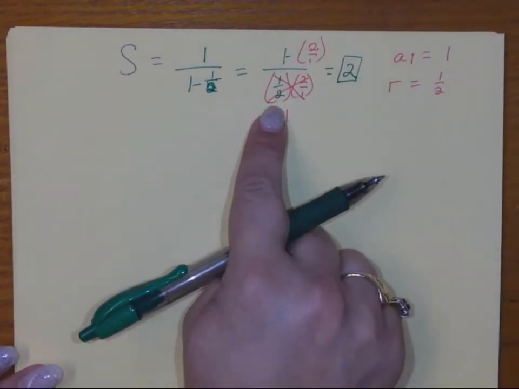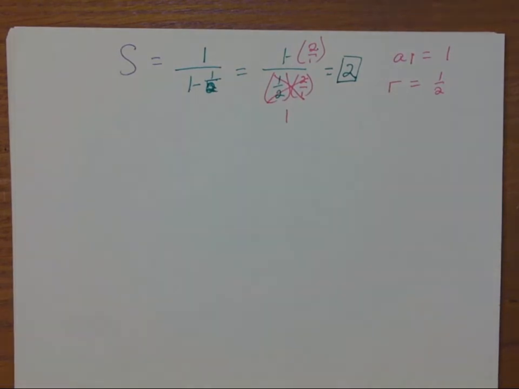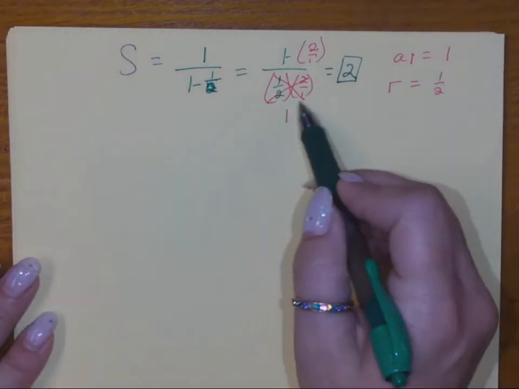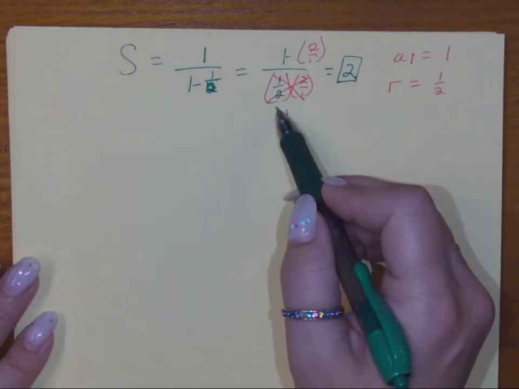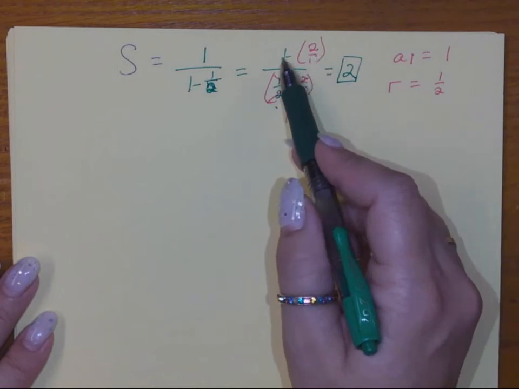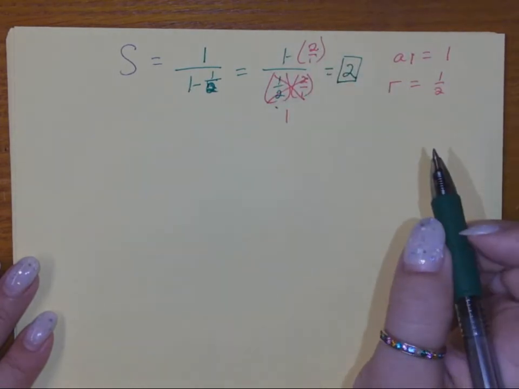Dividing by a fraction, I don't want to just leave the fraction down there because it's a fraction inside of a fraction. That's really bad form. We can't do that in math. Nobody has a meaning for 1 over 1/2. But if we invert that bottom, multiply it with its reciprocal, then the denominators go away. And if I do the same thing to the top, I get 1 times 2, and that's just a 2.